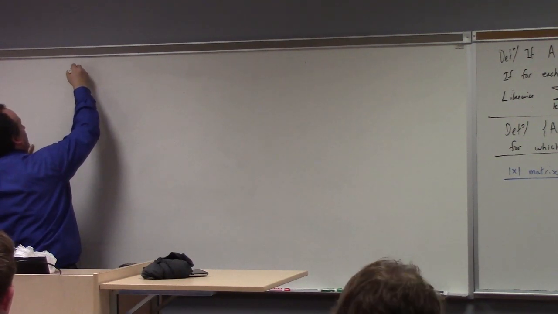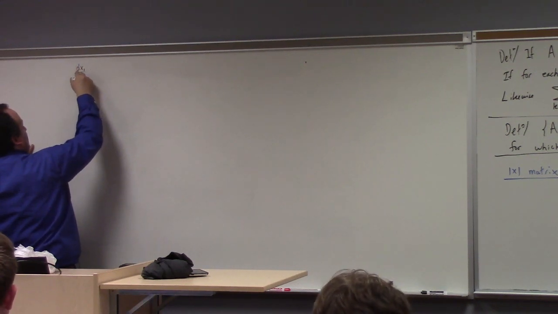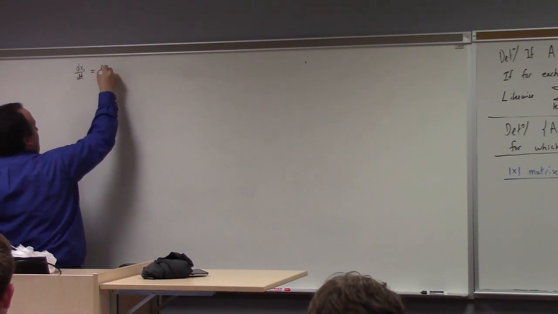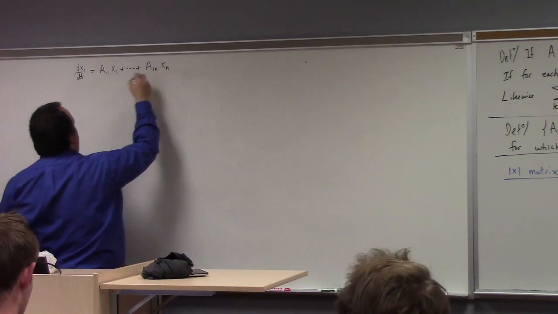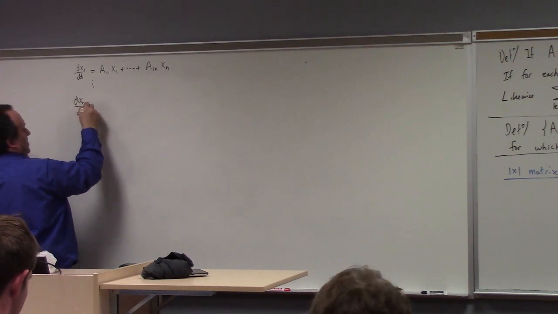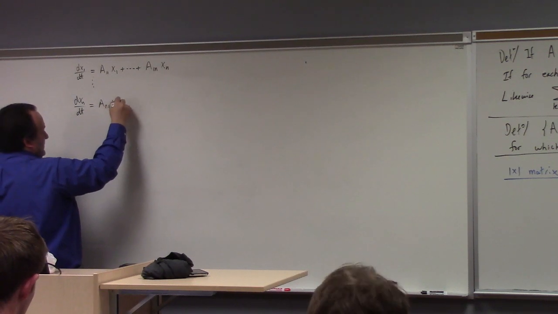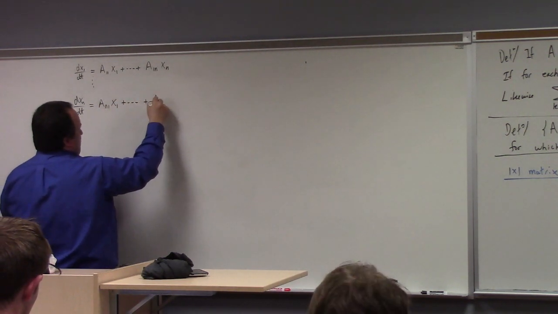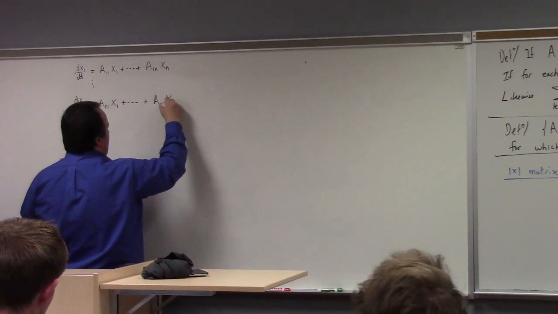So, if we have dx1/dt is a11 x1, up through a1n xn, and so forth and so on. Suppose you got n differential equations, first order, and these coefficients are all constant. So a11 through ann, they're all constant.